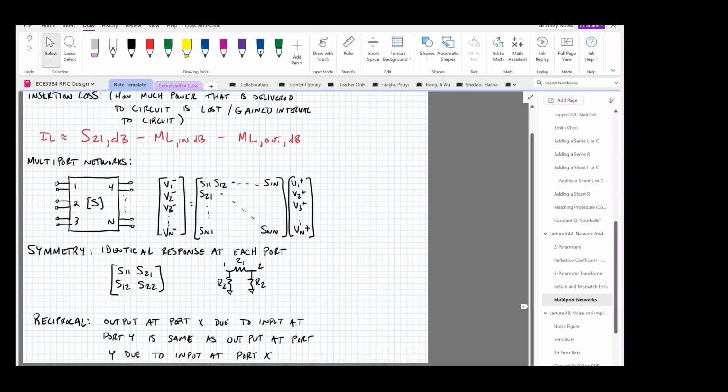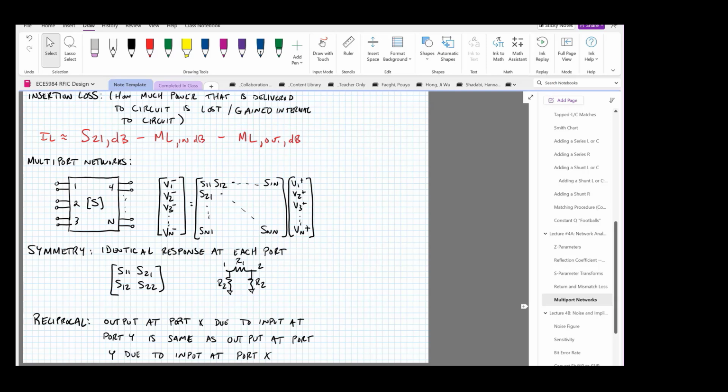Okay, now we can have networks that also have more than 2 ports. We will use them fairly commonly. So for instance, couplers have 4 ports.